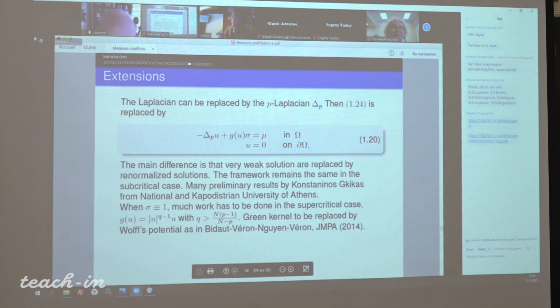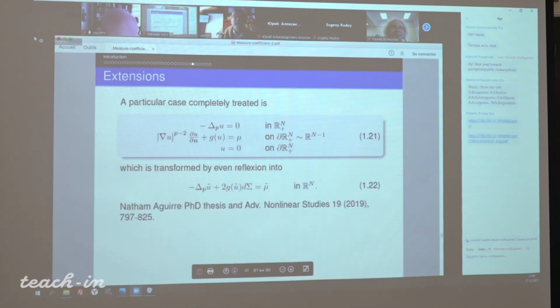Also another extension, which is the following. It is the case of the p-Laplacian, an extension of problems given with the case p equal 2 before. So take a p-harmonic function in R^n plus, satisfying this boundary condition on R^(n-1), the boundary of R^n plus.